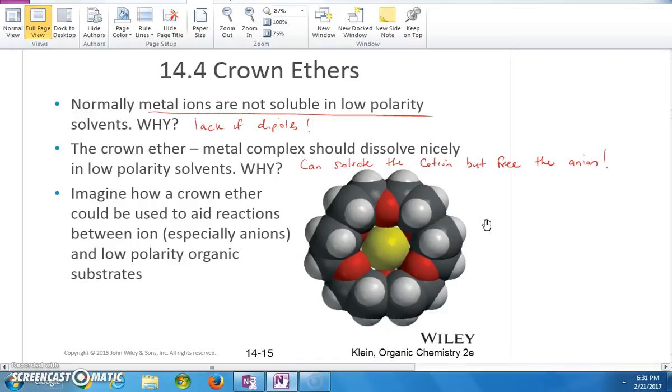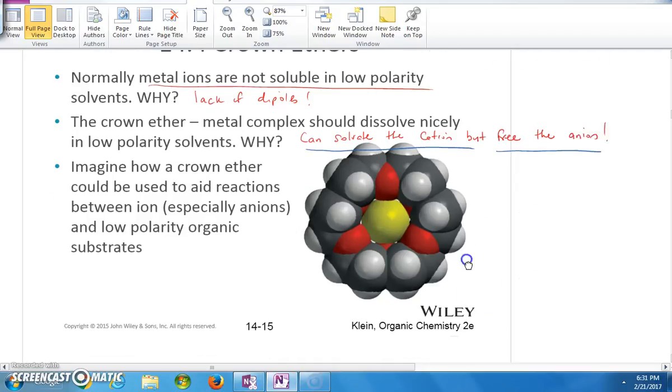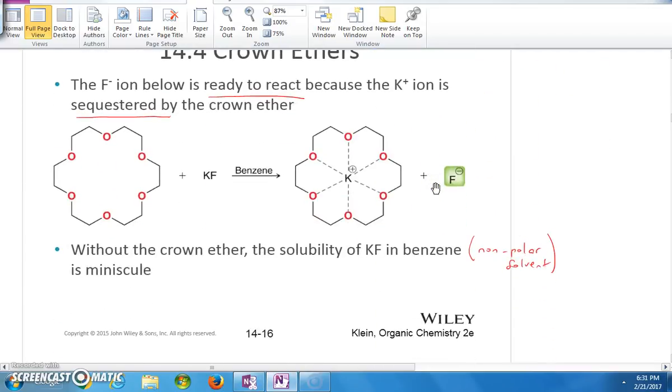However, in the presence of a crown ether, metal complexes should dissolve nicely because they can solvate the cation but free the anion. Now imagine how a crown ether could be used to aid reactions between ions, especially anions, in low polarity organic solvents. You can actually use the crown ether to seize the cation and release the anion in the process.